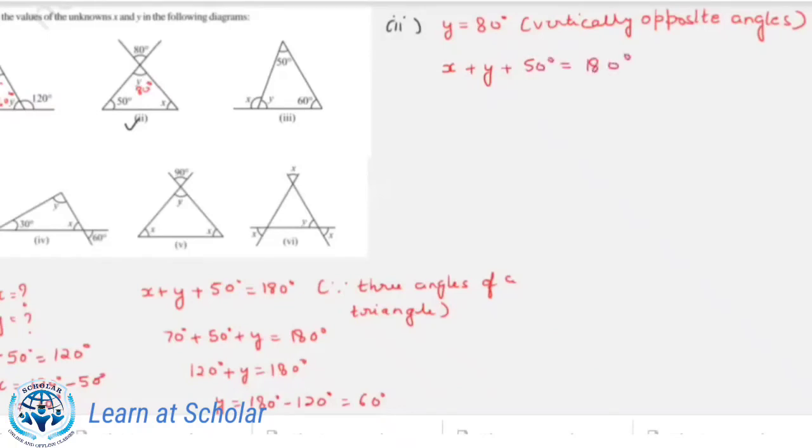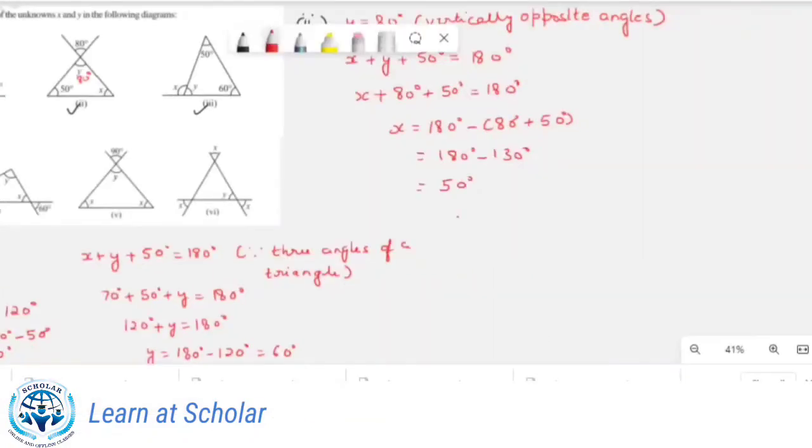If you know all the properties, then you can easily solve all the questions. We already know the value of y and we have taken out the value of x using the vertically opposite angle property and the angle sum property of the triangle.